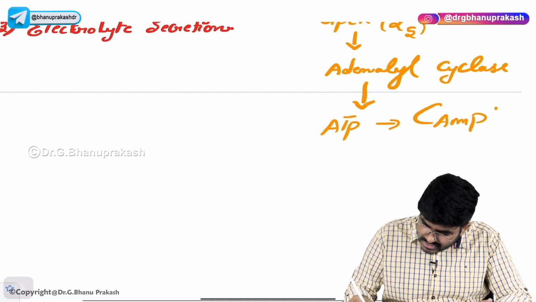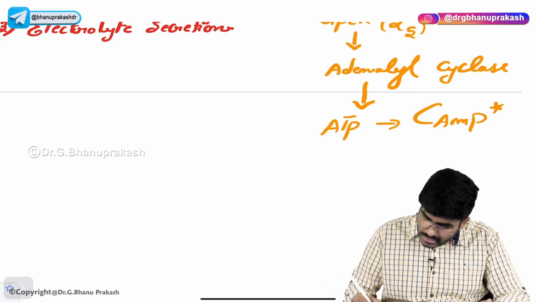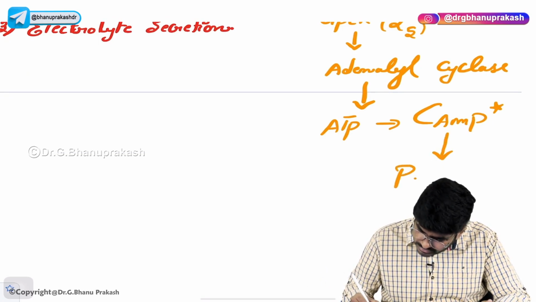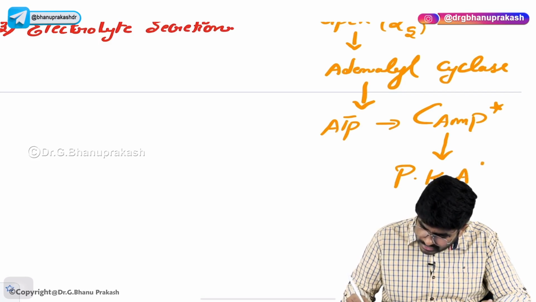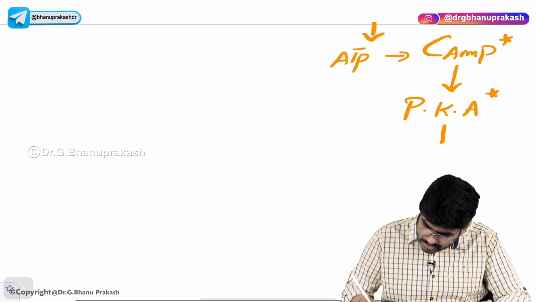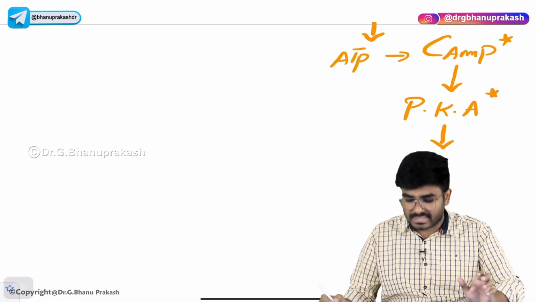Now the secondary messenger is produced inside the hepatocytes. This cAMP is going to activate protein kinase A. Protein kinases are activated, and they will do phosphorylation of necessary proteins.